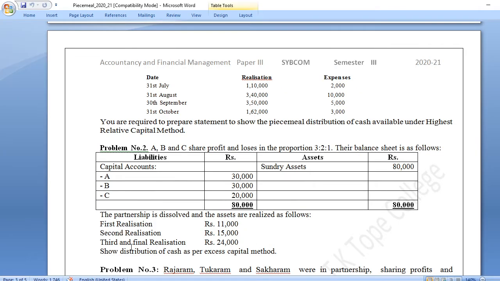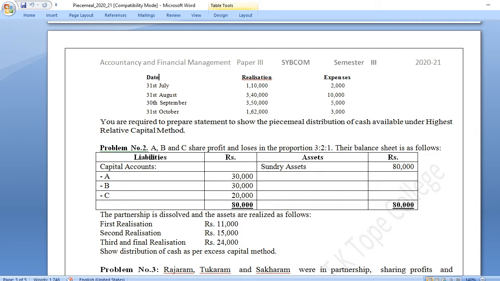In our problem, the partnership is dissolved and assets are realized. Realized means sold, as follows. First realization. Now they have this 80,000 amount of assets. From this 80,000, they sold some portion of the assets, and they got 11,000 rupees.